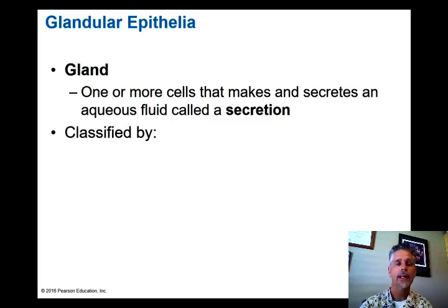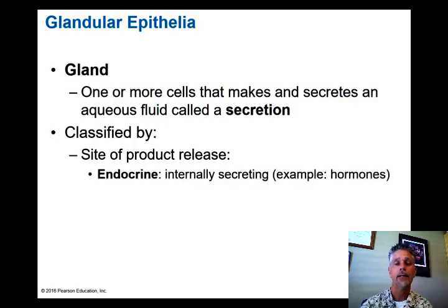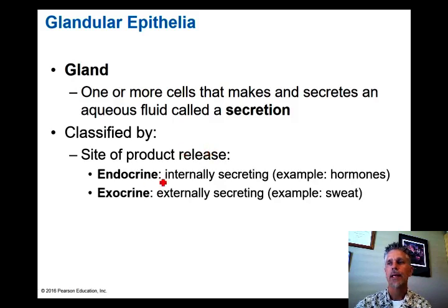So when we look at the glands, those can be classified by what they put out, like we mentioned, and where the type of secretion that they're putting, how they secrete it out, etc. So the site of product release is going to be important. So endocrine versus exocrine.